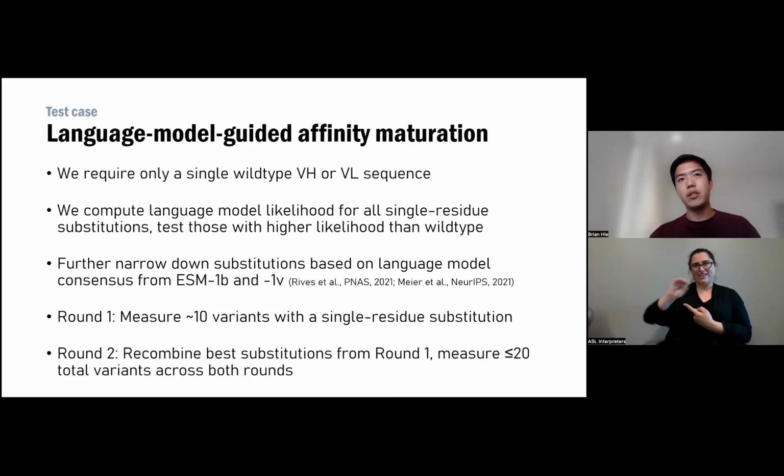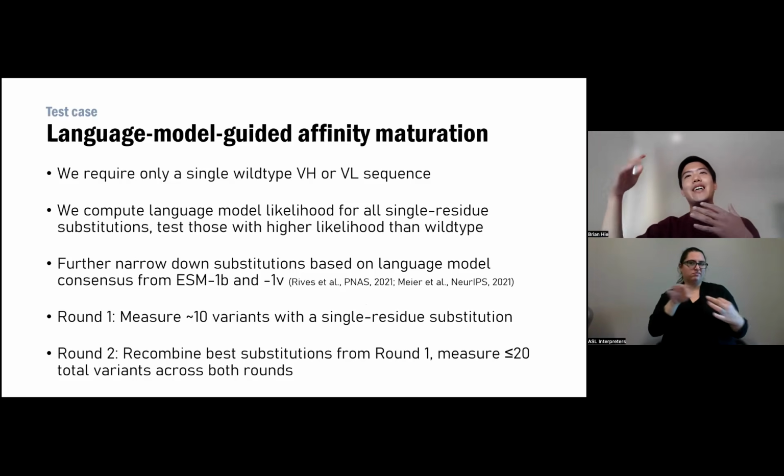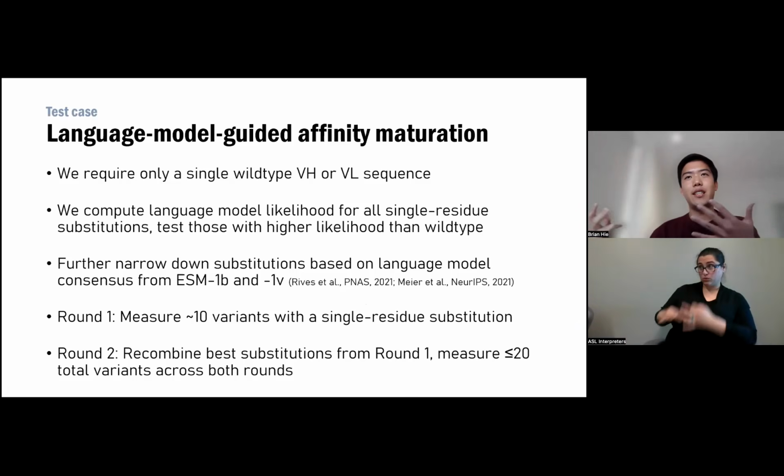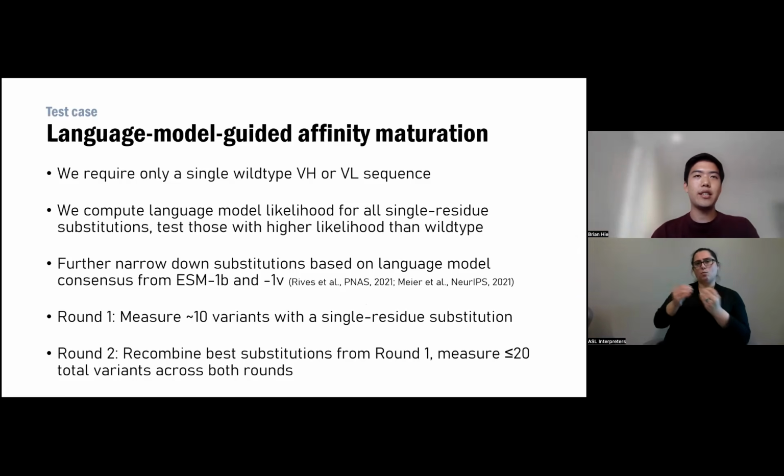These are generic protein sequence corpuses described in these references. We're prioritizing substitutions with higher likelihood than wild type that are recommended by multiple language models as a way to further narrow that space. And we also prioritize mutations that are the highest likelihood at a given site. This gets us down to around 10 or so single residue substitutions.